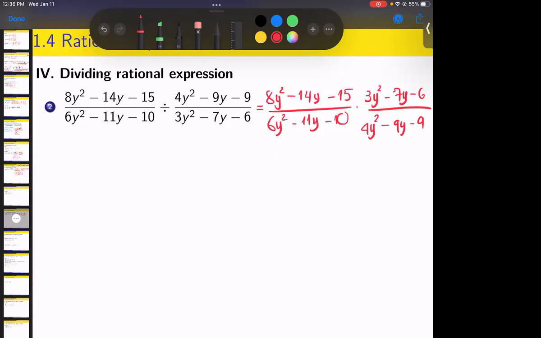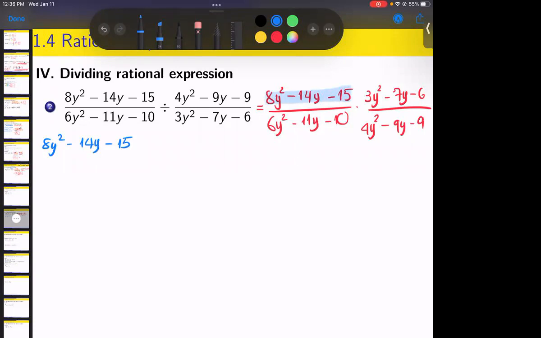Flip, you don't forget. Let me highlight that. This is factoring with the coefficient not 1. A little bit more challenging, but we're going to use the AC method.